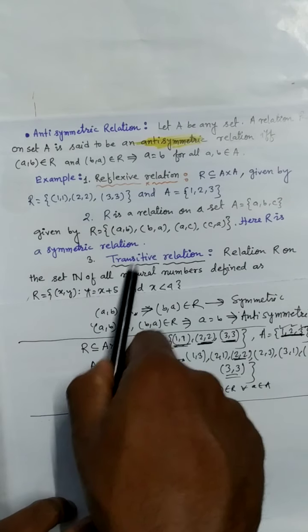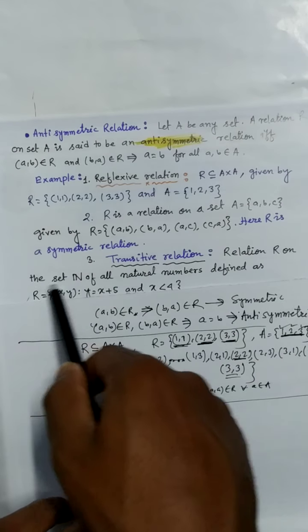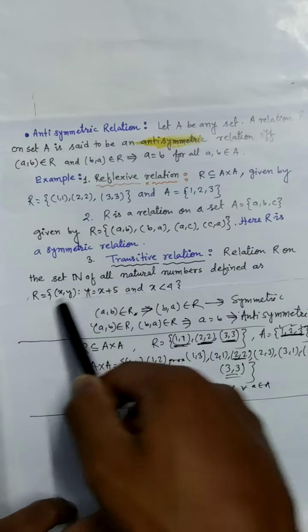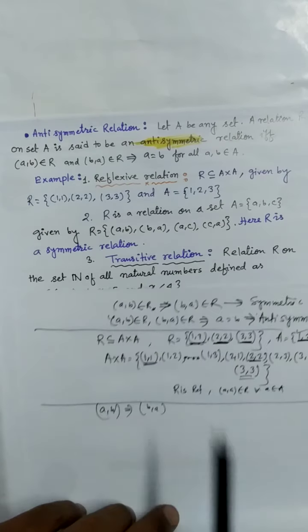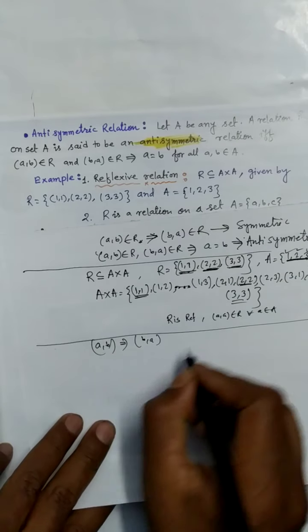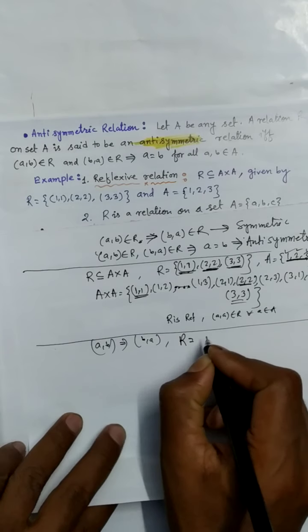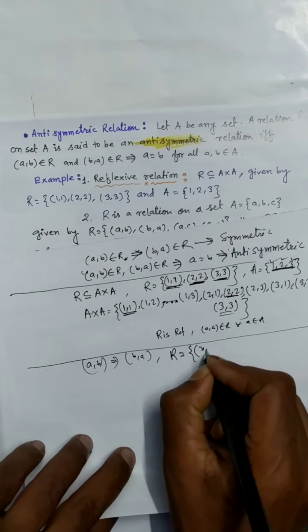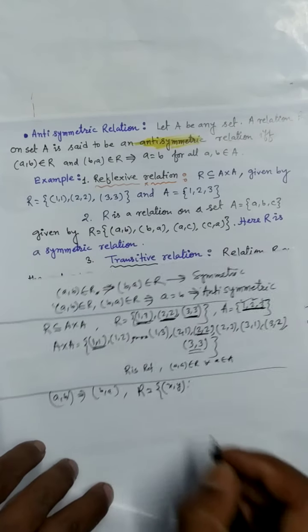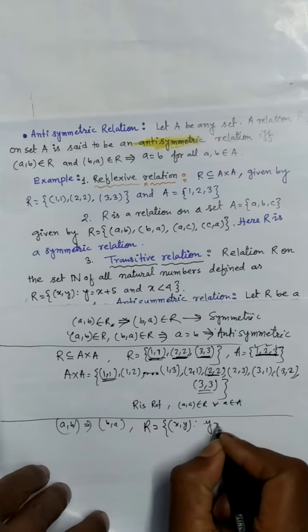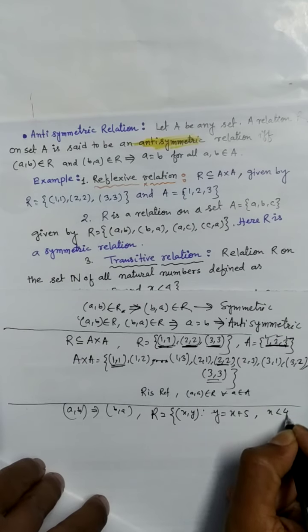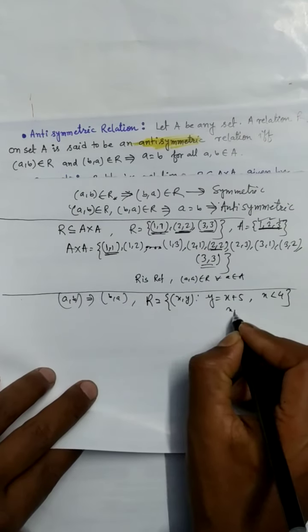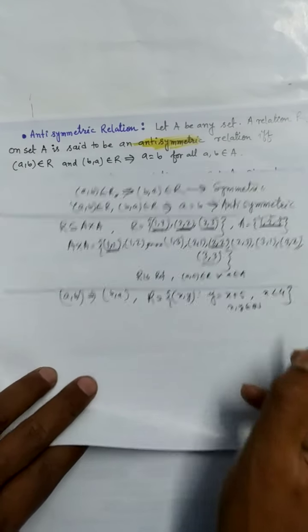Similarly, transitive relation: a relation on the set of natural numbers defined like this is an example of transitive relation. So students, we will see the example of transitive relation. Here it is telling that x and y are related by this condition, where x is less than 4, and x, y are natural numbers.